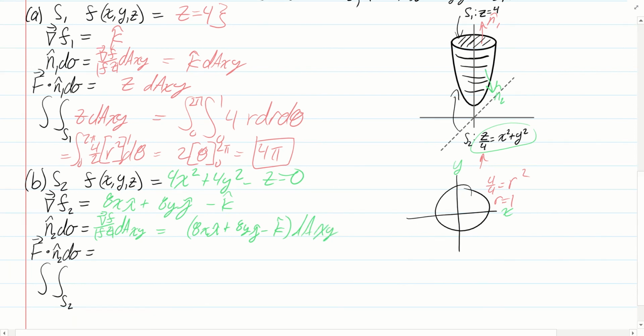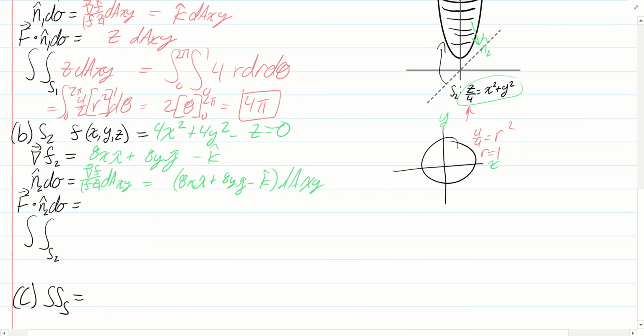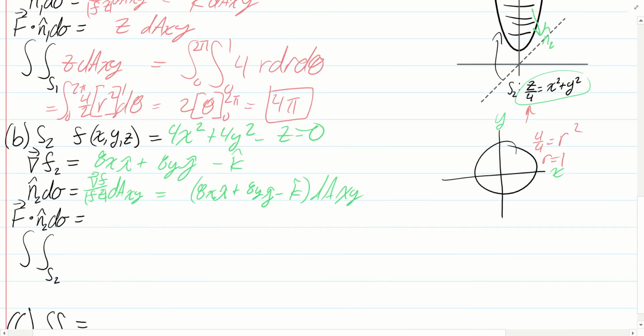Now I need to do f dot that. So it's xi plus yj plus zk is f. So this becomes 8x squared plus 8y squared minus z dAxy. So I know when I go to plug this in, I can reduce this x squared, because again, we're going to be in polar. So x squared plus y squared can become r squared, so it becomes 8r squared.